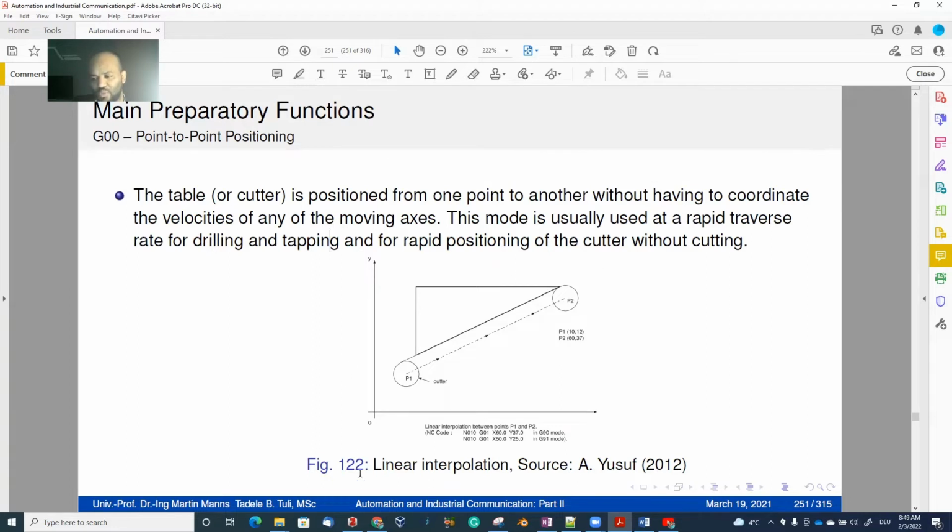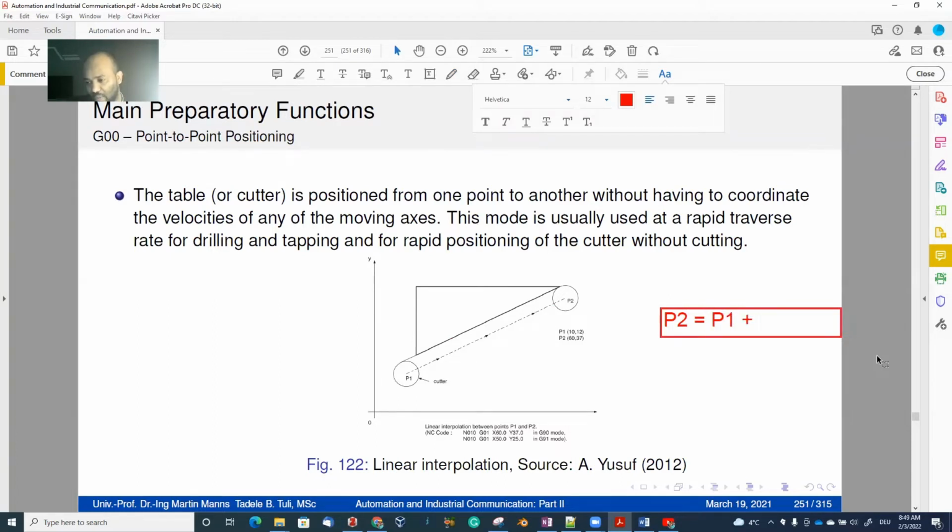Now for G00, rapid positioning, for example, if you have P2 equals P1 plus delta, where delta is the distance between P1 and P2, so delta is P2 minus P1. So this is rapid positioning.